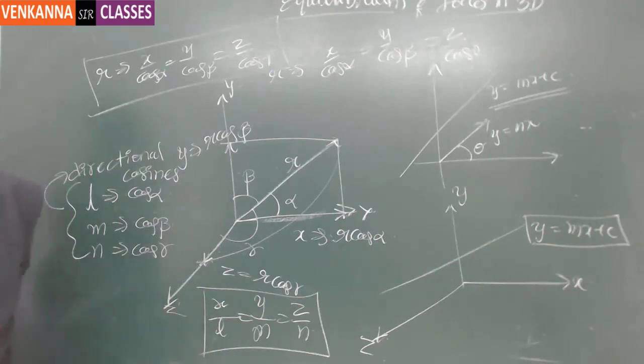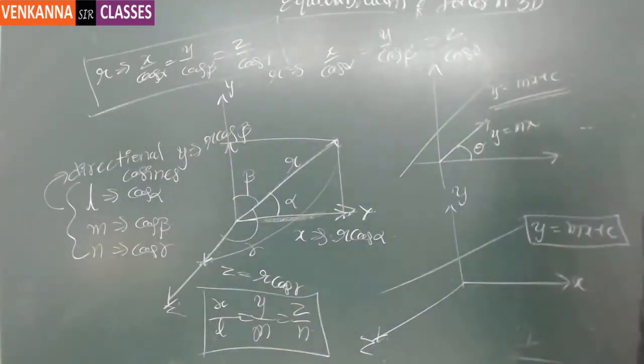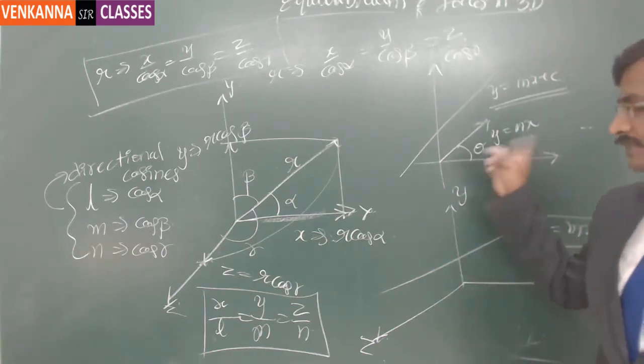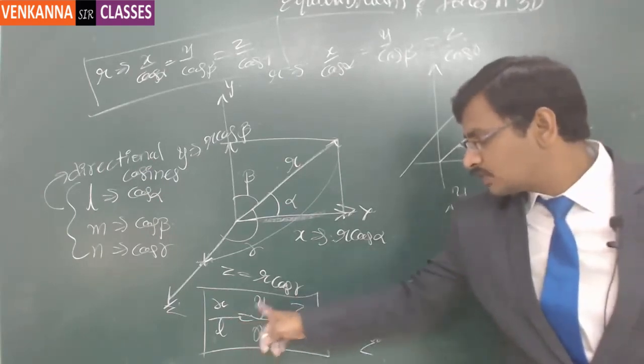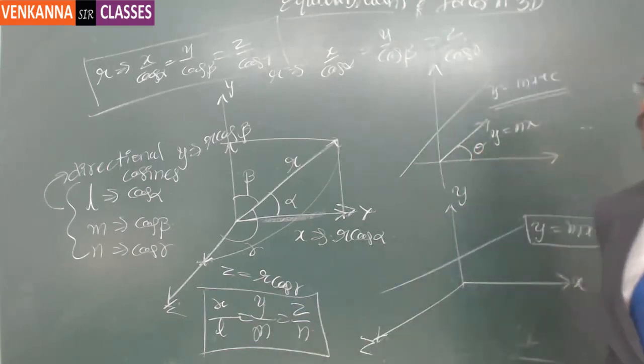Got it? Understood? Or any questions? Any questions on this? Okay, great. So you can note down this. y is equal to mx is equivalent to x by L is equal to y by M is equal to z by N. So both are one and the same.